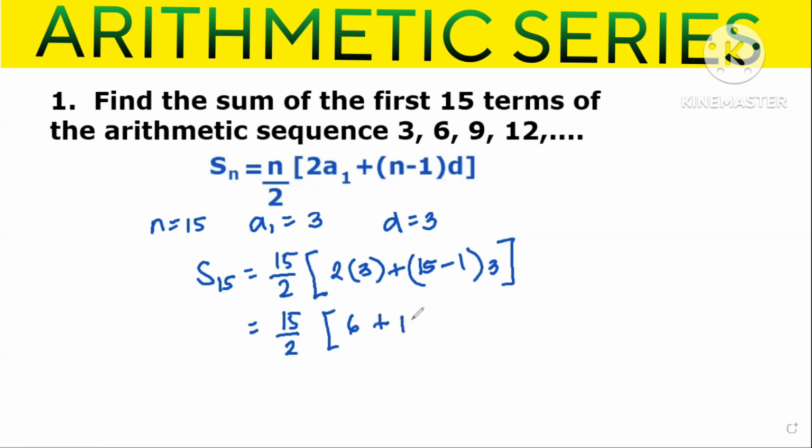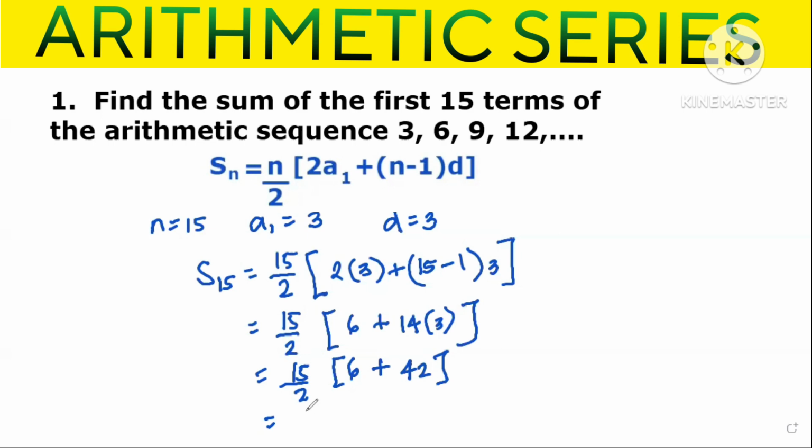Plus 15 minus 1 is 14 times 3. So, this is equal to 15 over 2 times 6. Oh, we use the order of operations. No, we multiply first before we add. So this is 42. 14 times 3 is 42.